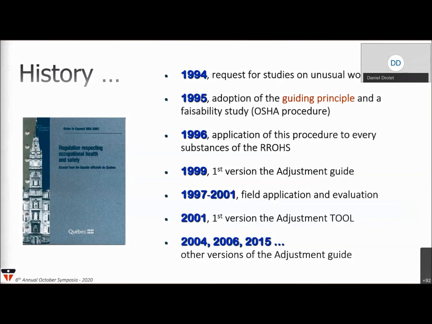I was part of this work, and in 2000 there was the first version of the adjustment guide, and we provided in 2001 the first version of the adjustment tool.